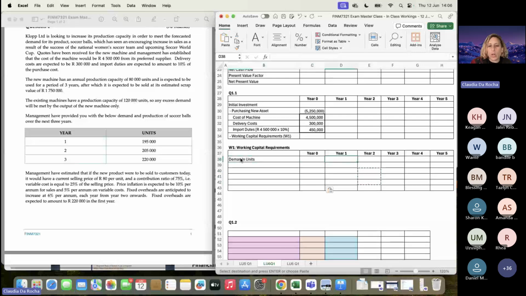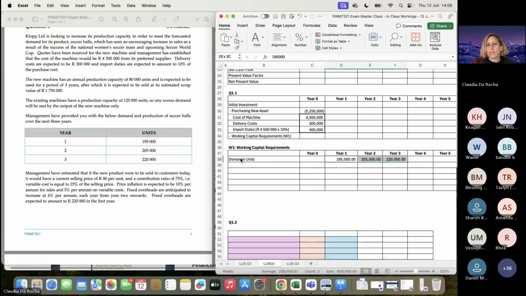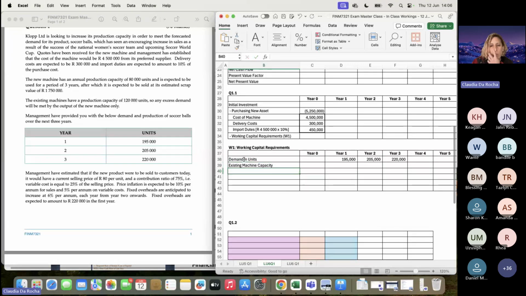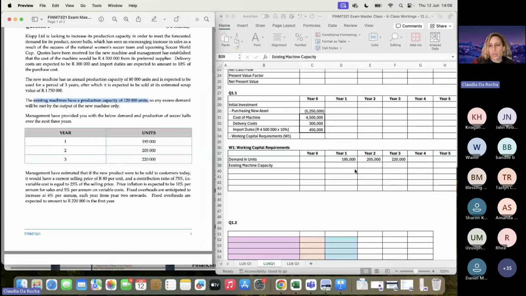So we know that our demand is 195, then 205, and then 220. Then we need to look at our existing machine capacity. We know that the existing machine has a production capacity of 120,000 units.